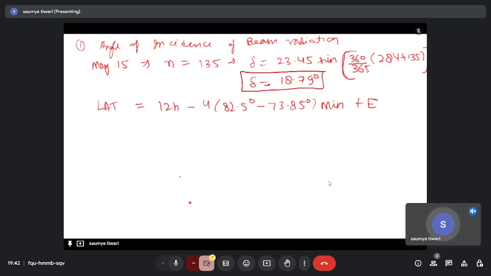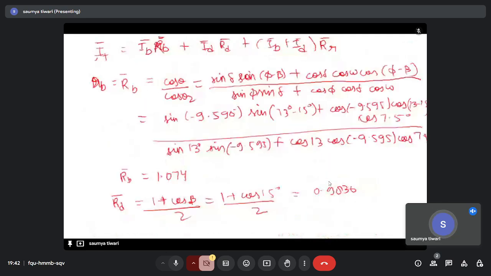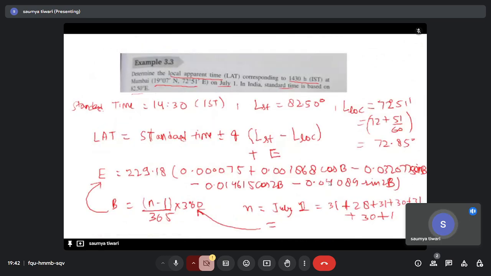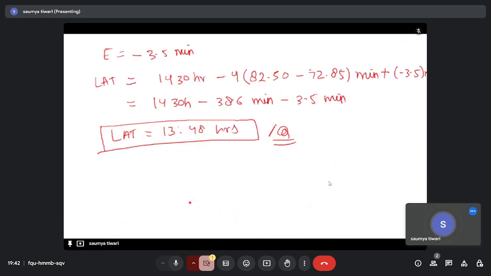E, we know how to calculate E. E will be the equation of time, which is a function of the B value, where B was, if we remember, 360 by 365 times (n minus 1).